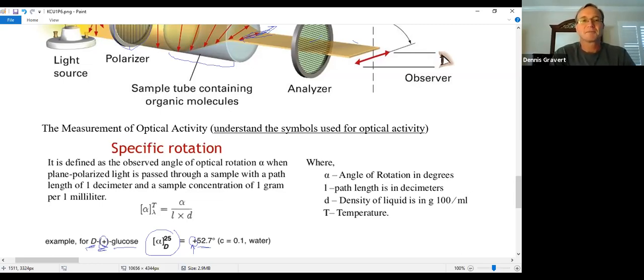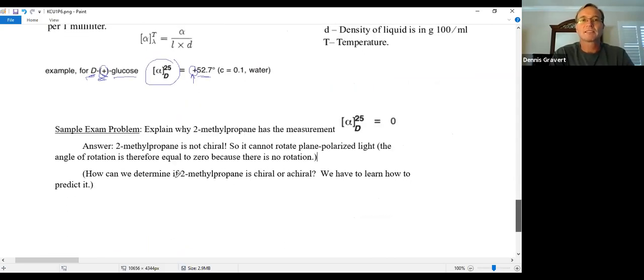A little break there. Let's look a little bit further, and maybe this is a test question you might see on your next exam. Explain why 2-methylpropane has this measurement. Okay, tough question because it's asking you to do a lot of things. First of all, it's asking you to understand the IUPAC name.